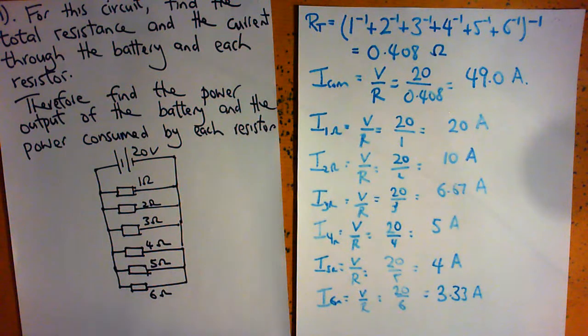So the total current through each resistor does add up to the current passing through the common part of the circuit, which is the battery. So that is exactly as we expect. Now let's find the power.